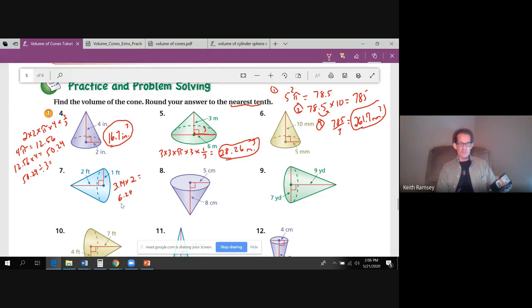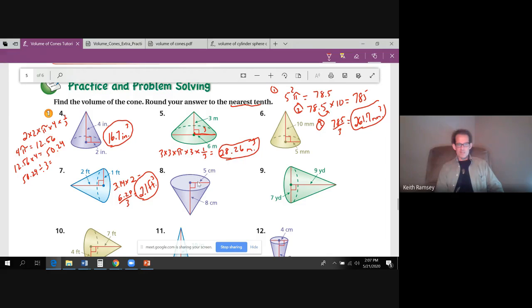And I have to multiply that by 1/3 or divide it by 3. So I'm going to divide that by 3, and I'm going to get 2.09, or I'll just round that up to 2.1 cubic feet for that cone.